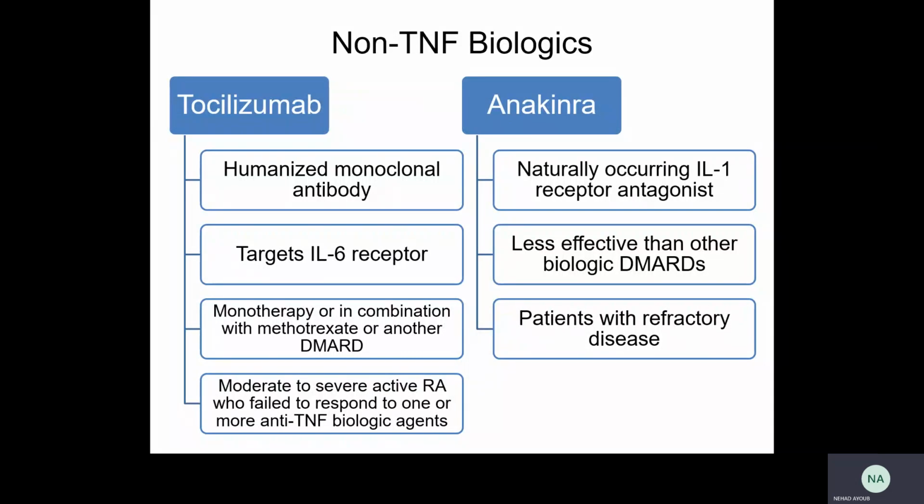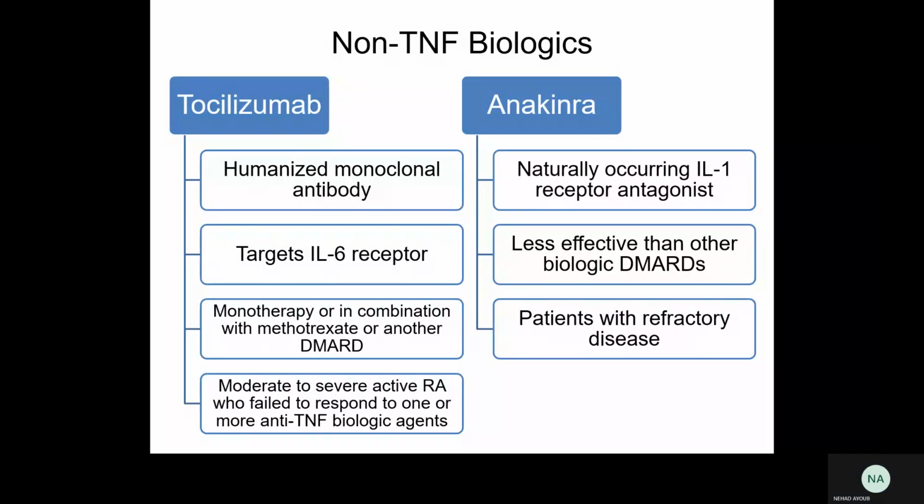Anakinra is a biologic drug, a non-TNF biologic. However, it's not commonly indicated unless we have several line failures. We took many drugs and tried them and there was no response, then we can think of this as an option.